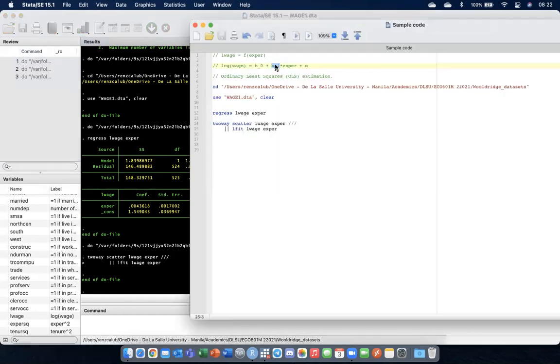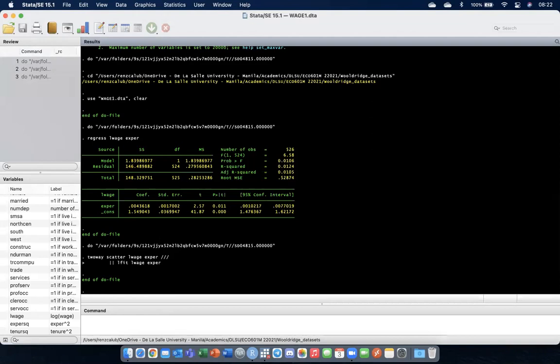Maybe in the next video I'll show you a couple of simulations to demonstrate how the standard error of OLS works. But at this point, the standard error measures the spread of the OLS estimator. How efficient is OLS in estimating this parameter beta 1? Is it too spread out or not?